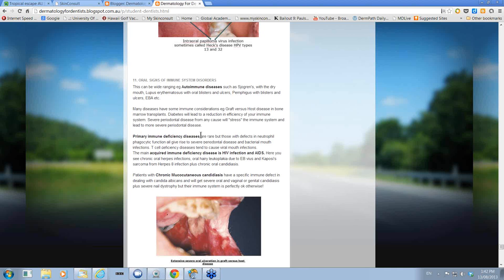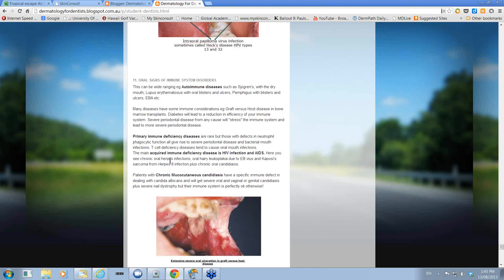Then the rare primary immune deficiency diseases, diseases of T cells, diseases of immunoglobulins, diseases of neutrophil function. And particularly the deficiency of neutrophil function will give rise to severe periodontal disease. Deficiency of T cells will give rise to increased viral mouth infections. And the main acquired immune deficiency disease was HIV or AIDS. And there were some of the oral manifestations that you'll see in HIV patients: Kaposi's, oral hairy leukoplakia, chronic oral viral herpes virus infections.